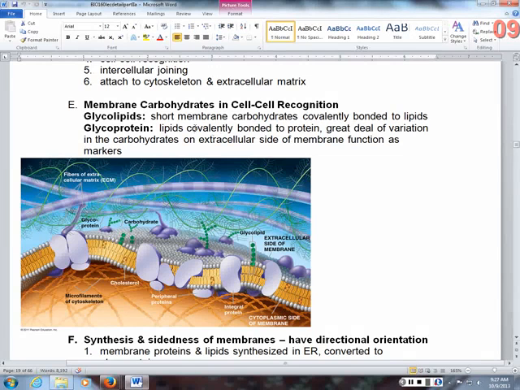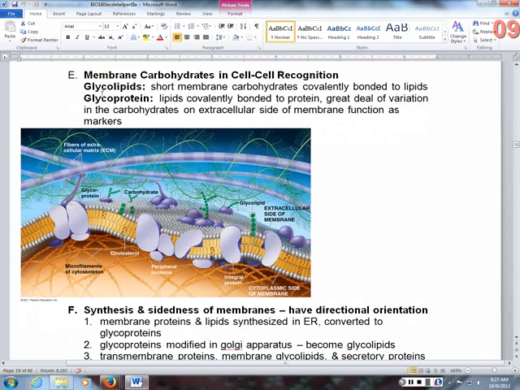There is a great deal of variation in these carbohydrates on the outside of your cells. It's been said that because of all the variation in these markers, the cell membrane is probably almost as important as the DNA in directing what the cell does.